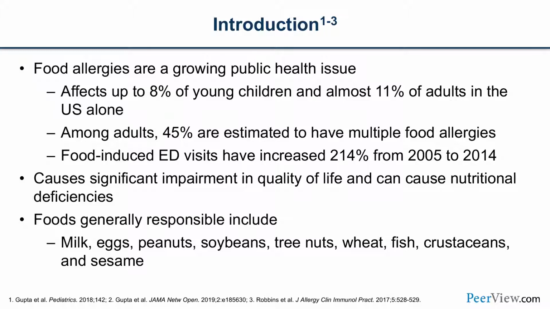Food allergies also cause significant impairment in quality of life and some nutritional deficiencies. And typically, 9 foods in the US make up most of food allergies. These include milk, egg, peanut, soy, tree nuts, wheat, fish, crustaceans, and sesame.